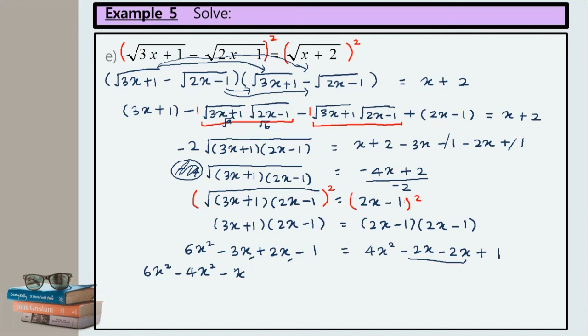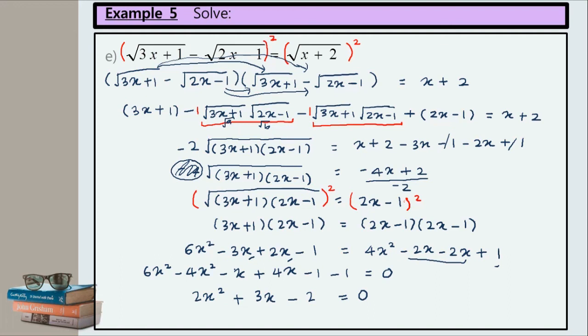When we move to the right side, it will become plus 4x, negative 1. This one also has negative 1, so move to this side it will become negative 1 equal to 0. Okay, and then we need to simplify. 6x squared minus 4x squared, 2x squared, negative x plus 4x plus 3x, negative 1 minus 1, negative 2 equal to 0. So, now we have quadratic equation.